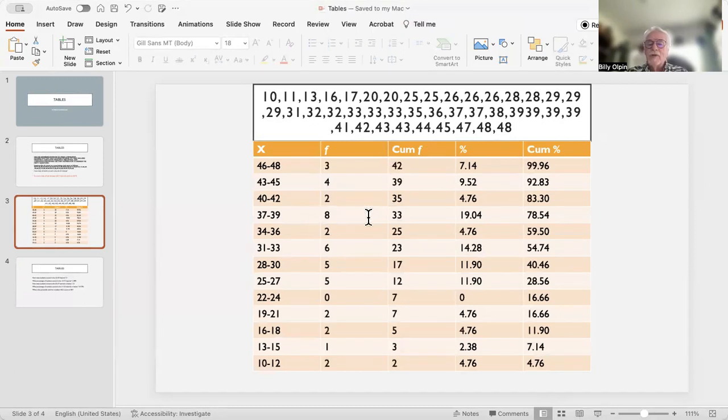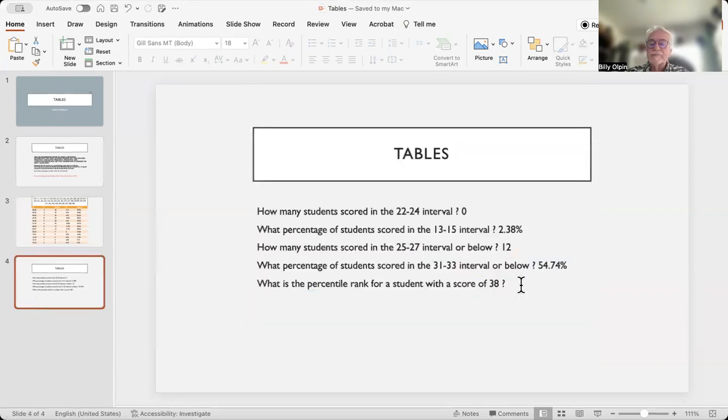And so we walk right across from there, and the cumulative percentage is 78.54, which is equivalent to the percentile rank. The cumulative percentage is equivalent to the percentile rank. So the answer is 78.54%.